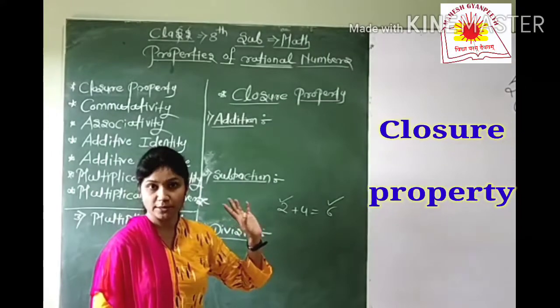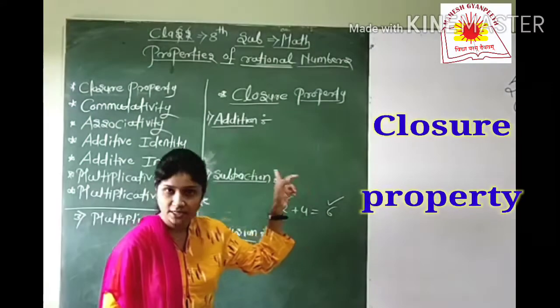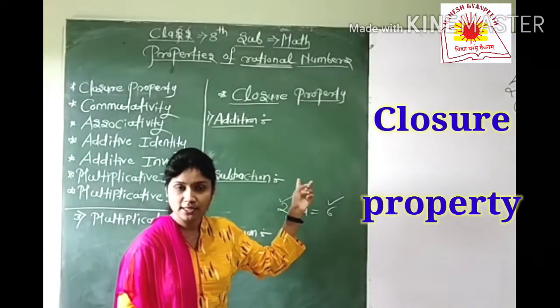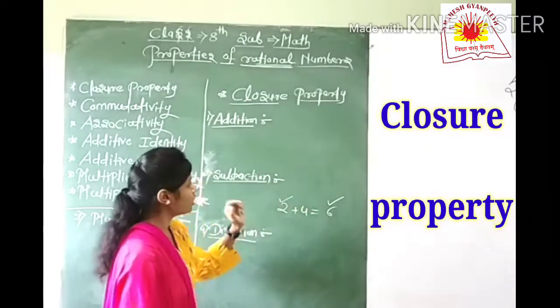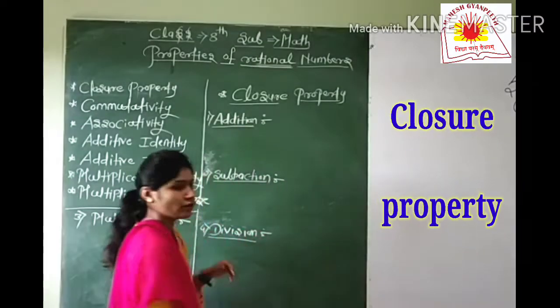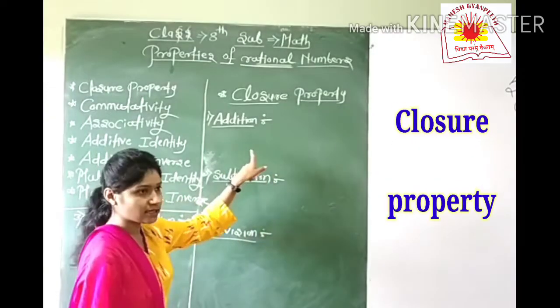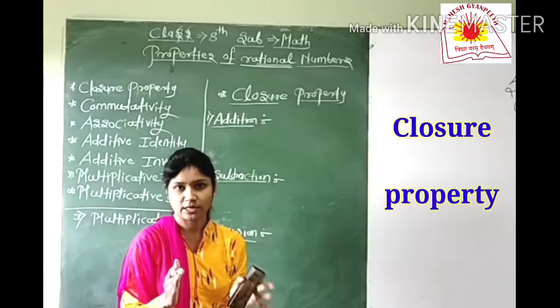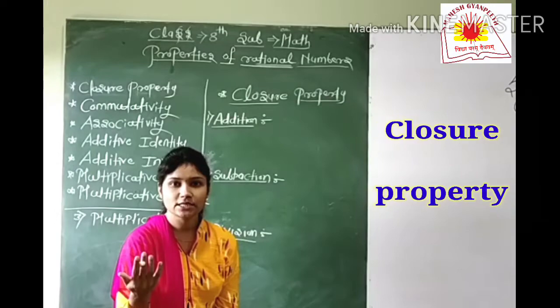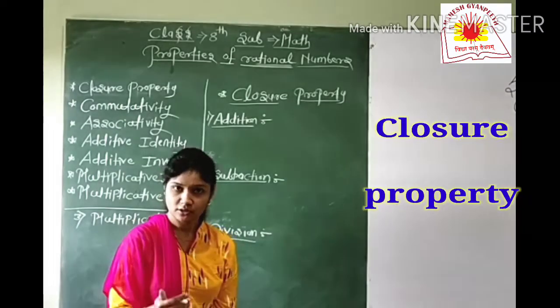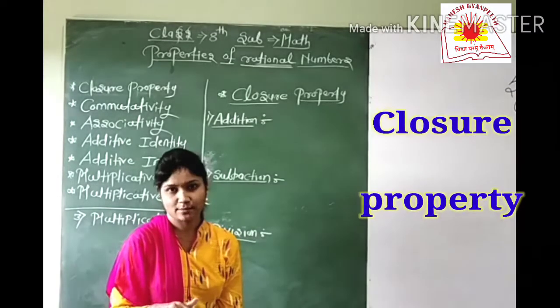This is the closure property. But here we have to identify not natural numbers, but rational numbers. What do you have to check here? We have to check if we add two rational numbers, then their sum is also a rational number or not.